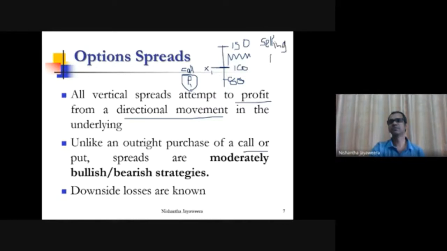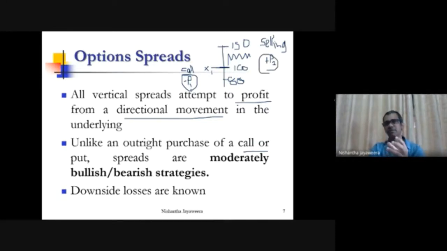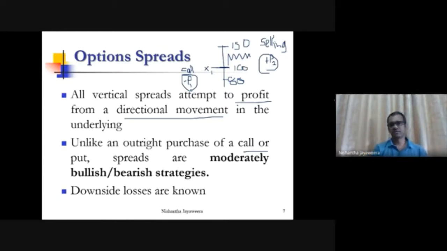When you sell this, you collect the premium. This is a plus premium, this is a minus premium. You pay this, here you receive this. So your cost will be less. Clear? What is the intention of buying a bull spread? You think the price will go up beyond a certain level, but it may not move beyond another level at a high price.